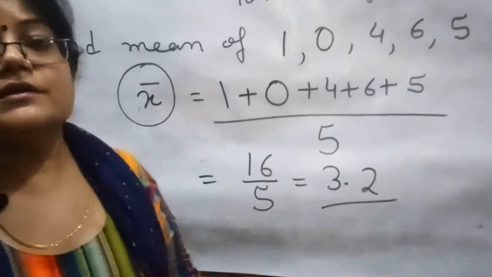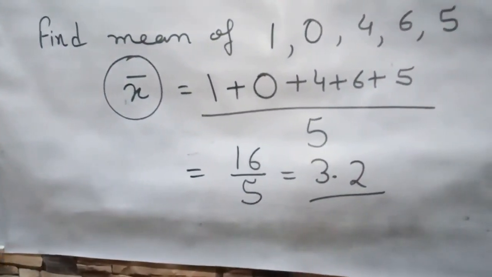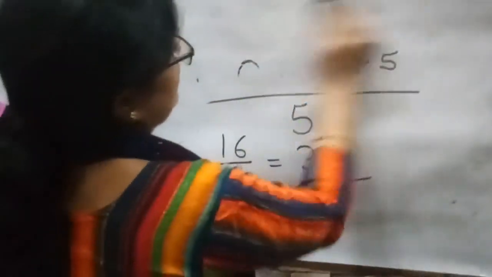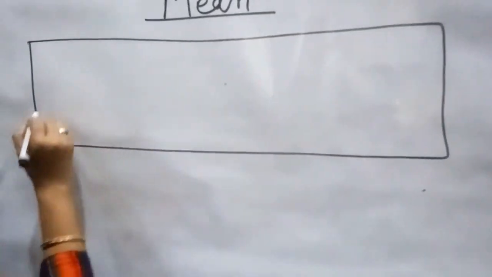Now comes another method of finding the mean, where the data is given in a table. Now just see over here. For example, we have a question in a format like this, and how will we find the mean?